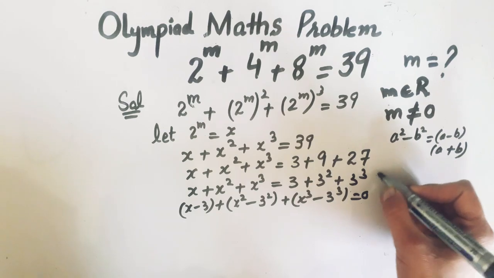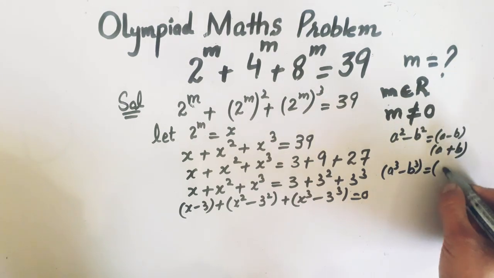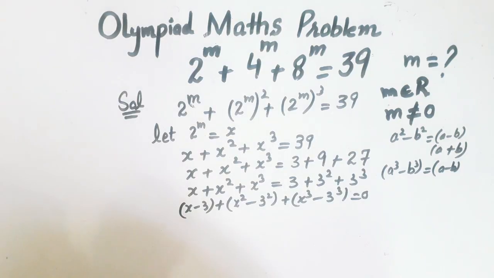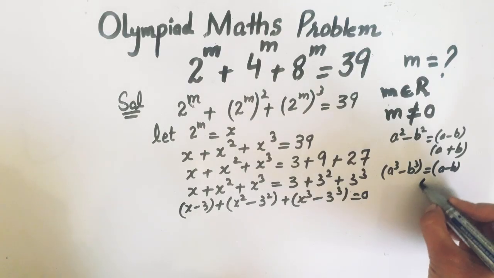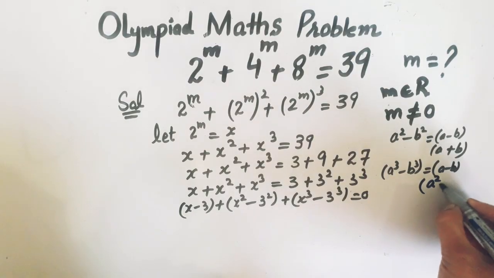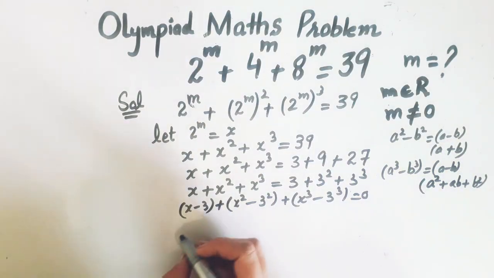And another formula for a cubed minus b cubed equals a minus b into a squared plus ab plus b squared. So we will apply these formulas here.